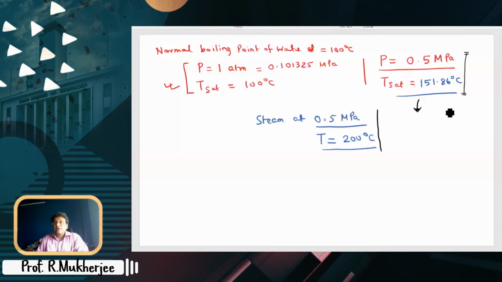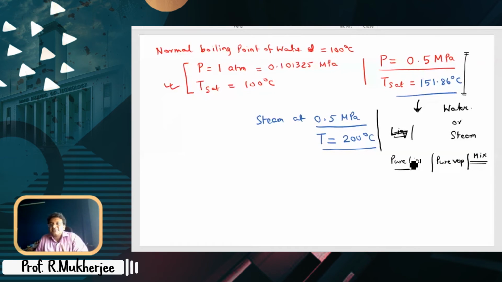So you can have water at this condition, or you can have steam. Or in other words, you can have pure liquid, you can have pure vapor, you can have a mix of both.